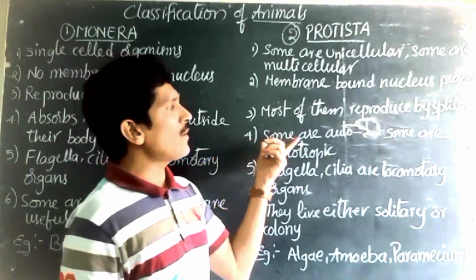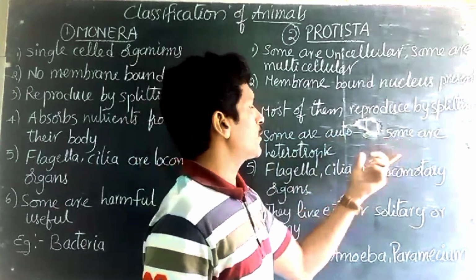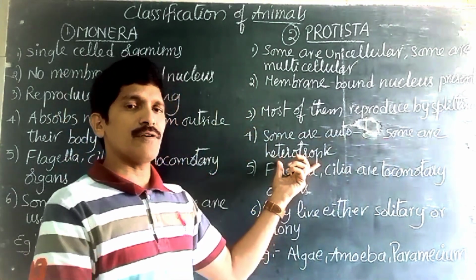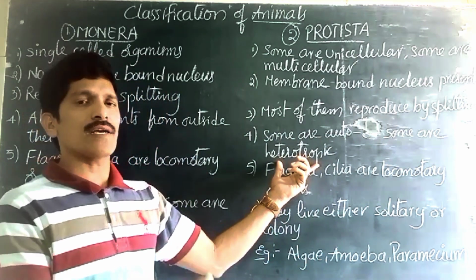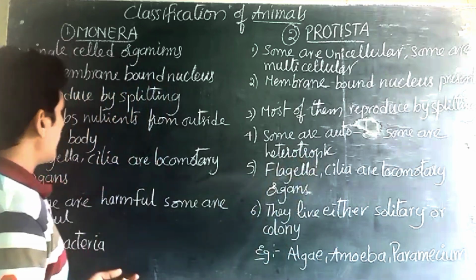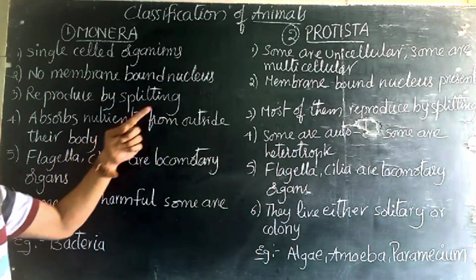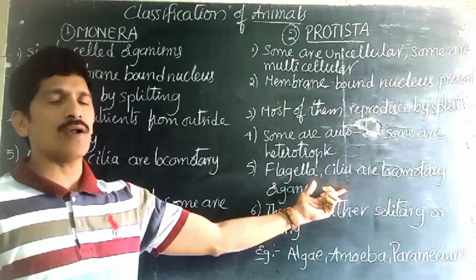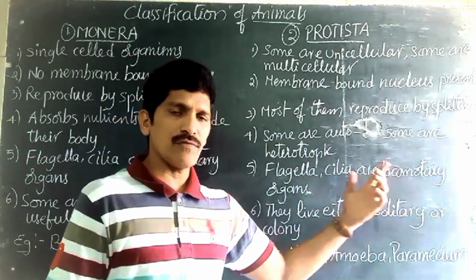Some are autotrophic and some are heterotrophic. Some organisms are autotrophic, meaning they prepare food material by themselves, and some obtain food material from other organisms. Like Monera organisms, Protista organisms also have the same kind of locomotory organs for moving from one place to another.